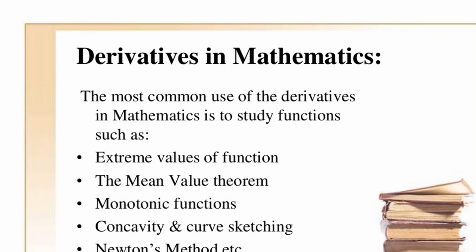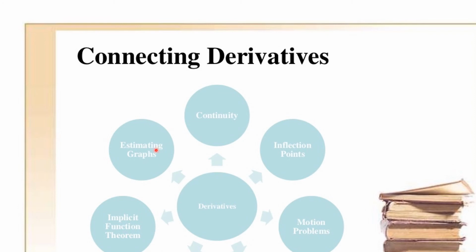Okay, my children. Right. So come to the point, connecting derivatives. Derivatives are related to continuity, inflection points, motion problems, implicit function theorem, and estimating graphs. This derivative is connected with all these concepts.